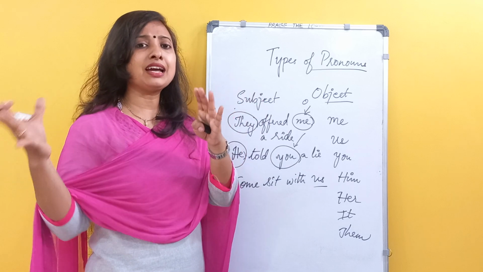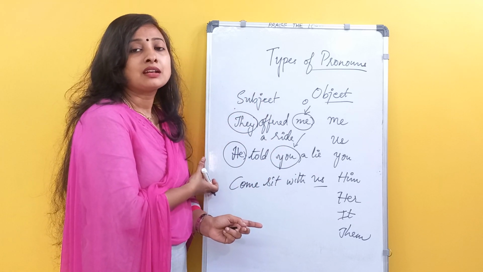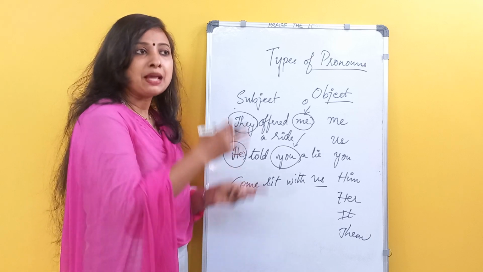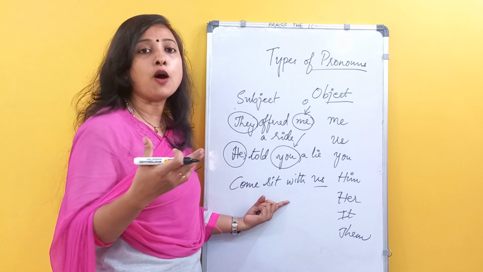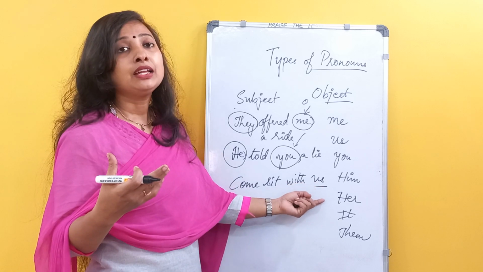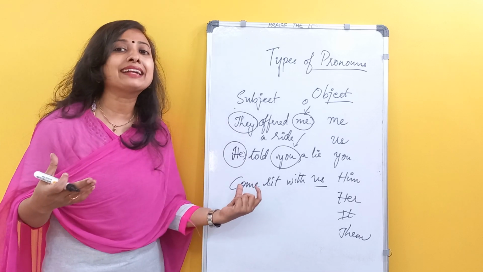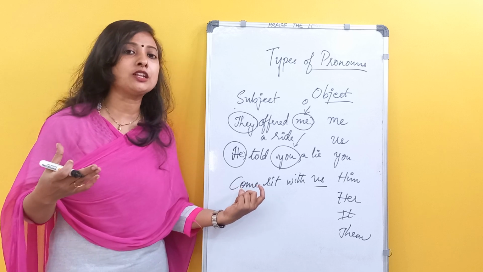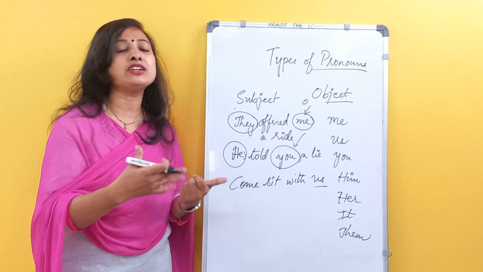Here you don't find a subject. Come sit with us here indicates, please come sit with us. We are asking someone. Here this is becoming an object sentence. Okay. So wherein you will be using the object pronoun. Here the subject pronoun is not exactly seen. The subject pronoun is not there. Come sit with us, as if we are asking someone to come.